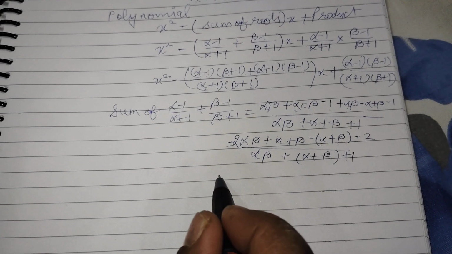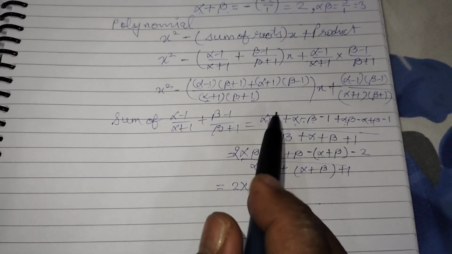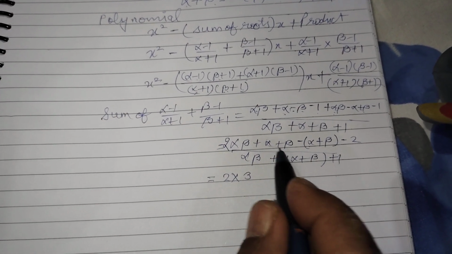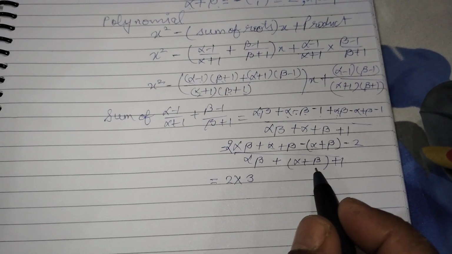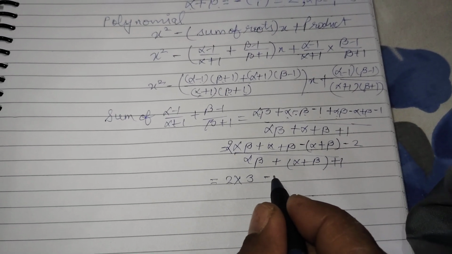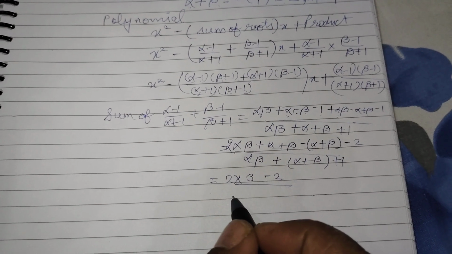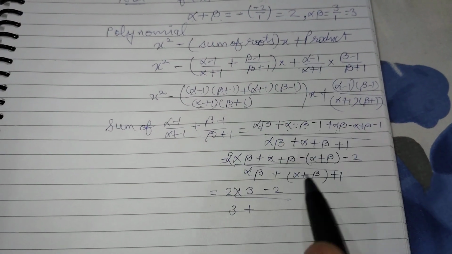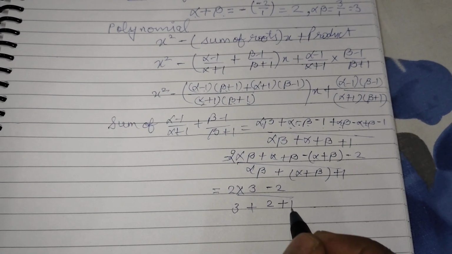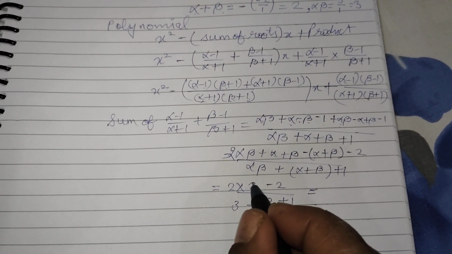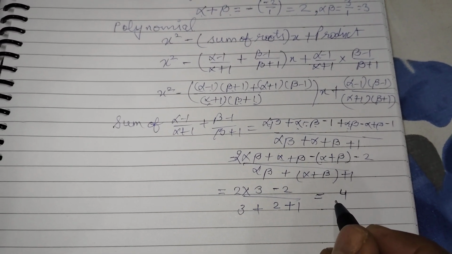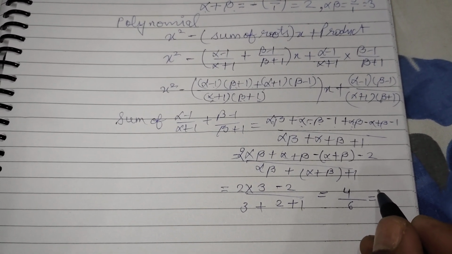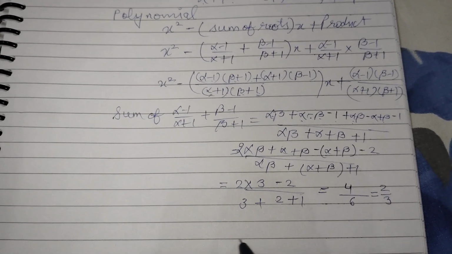Now plugging in the values: alpha beta is 3 and alpha plus beta is 2. In the numerator, 2 into 3 is 6, 6 minus 2 is 4. In the denominator, 3 plus 2 plus 1 is 6. 4 upon 6 means 2 upon 3, cancelling by 2.